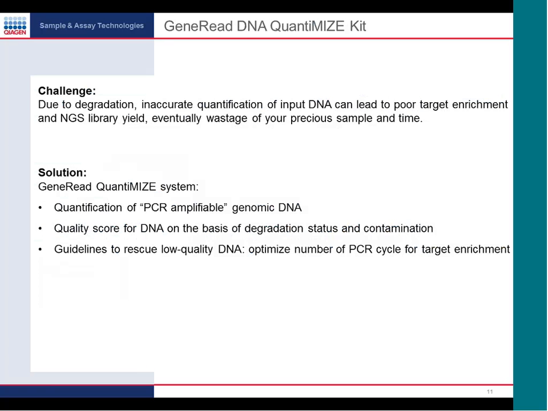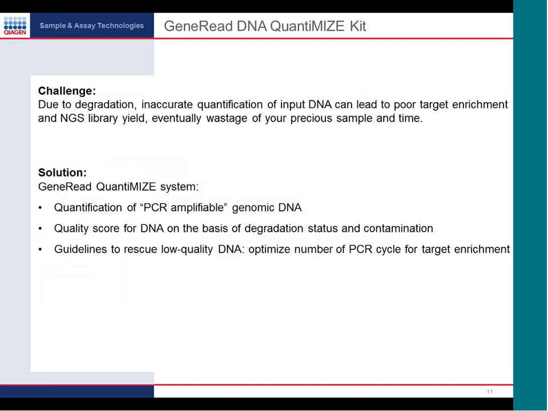So that was about the panels, but to have really good target enrichment using those gene panels, it's very important to have proper, accurate quantification of input DNA. Otherwise, it's like garbage in, garbage out.